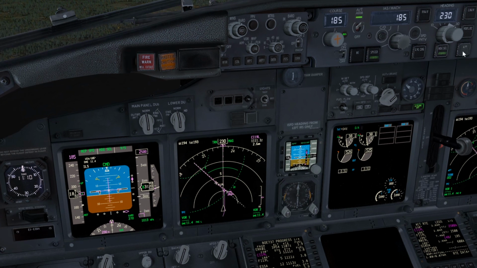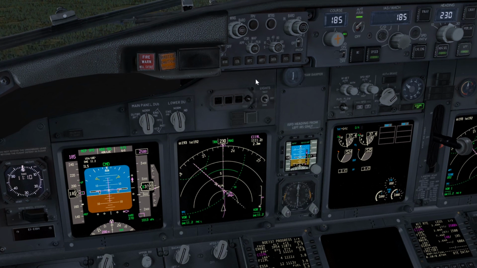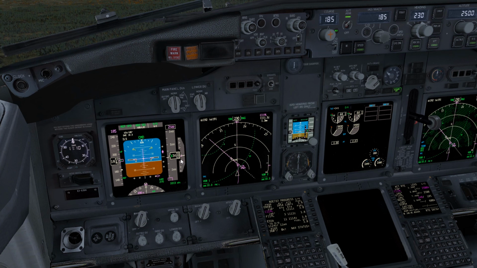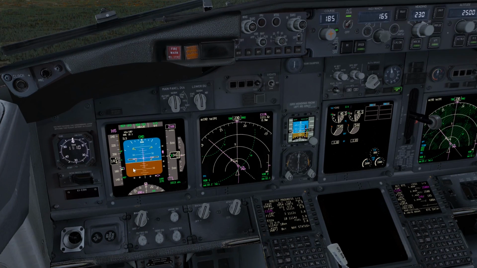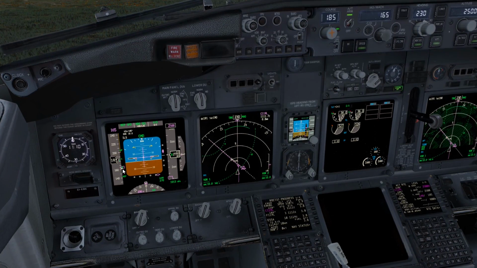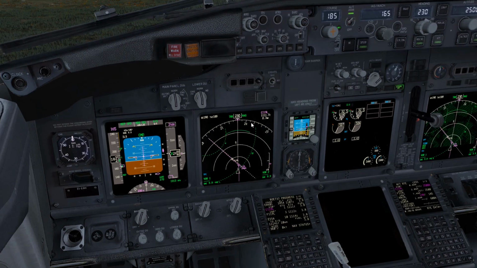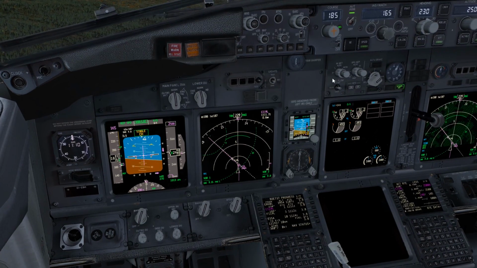We have correct sensing. We can arm the approach because we are also cleared for the ILS approach. And we can call for flaps 5. Because on the glide slope we want flaps 5 and approximately the correct speed as well. Okay, we have the localizer.